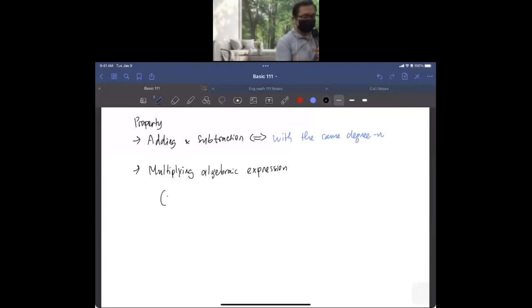For example, we can multiply 2x plus 1 and 3x minus 5. I believe this should be easy. So 6x squared, plus 3x and negative 10x, and then minus 5.